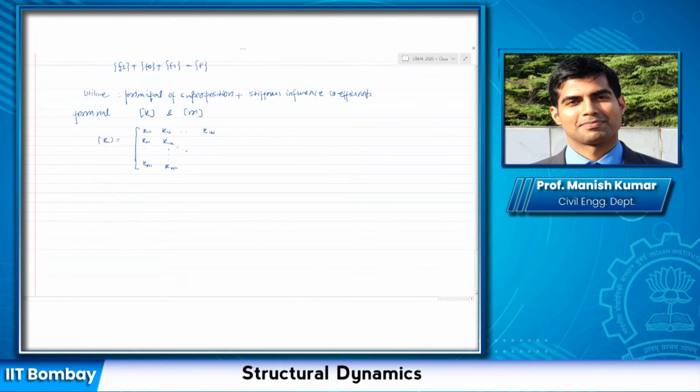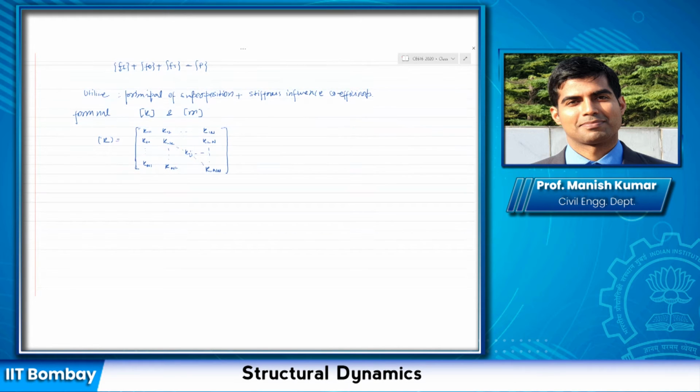There would of course be a term Kij at some point, K2n here, and the last term would be Knn. This is not specific to what we are doing right now; for any general matrix I can write individual elements like this.